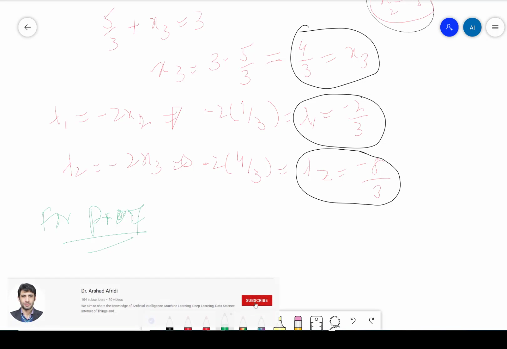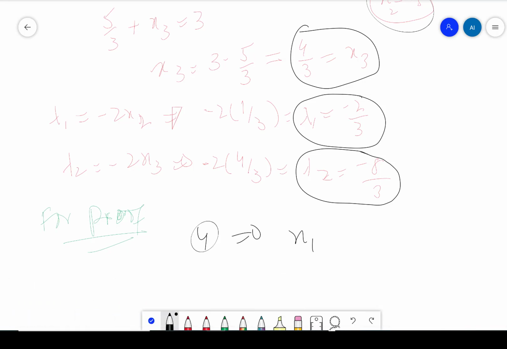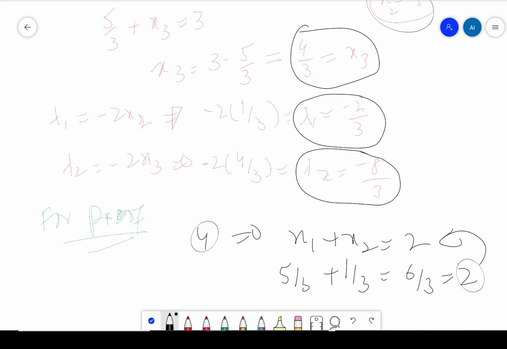So let's put the values of the variables in equation 4. As we know, equation 4 is x1 plus x2 is equal to 2. By putting the value of x1, which is 5 by 3, plus the value of x2, which is 1 by 3, we get 6 by 3, which makes it 2, which is the desired result of equation number 4.